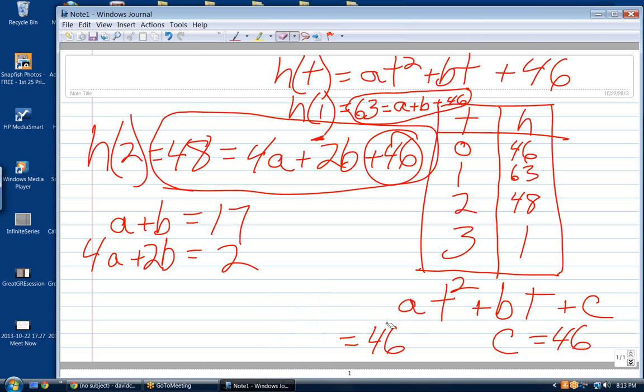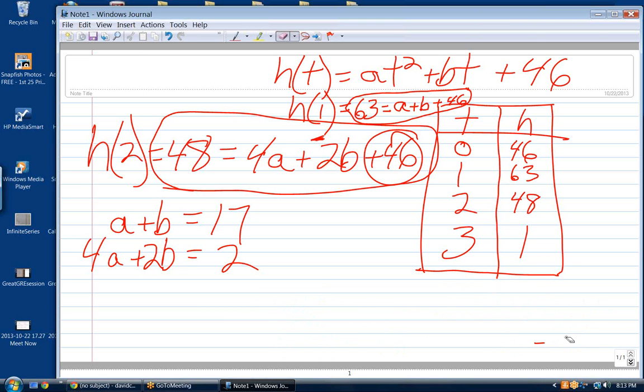Now with two equations and two unknowns, I can solve these. What's the best technique to solve these, elimination or substitution? Elimination. Yep. What am I going to do in order to eliminate one of these variables? Well, let's just multiply the top by 2.